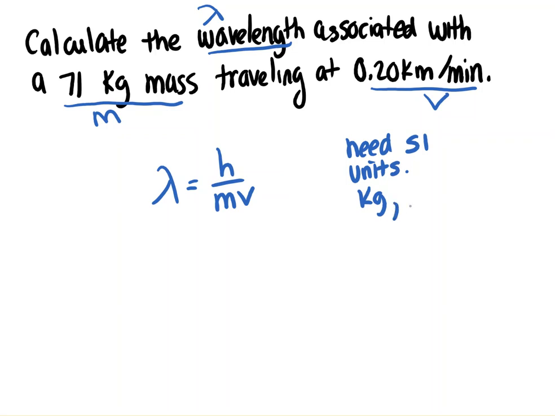Kilograms we have, but we need seconds, not minutes, and meters instead of kilometers. So our speed needs to be in meters per second. Our mass is okay, and then we should be good.